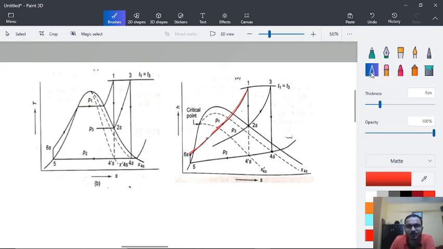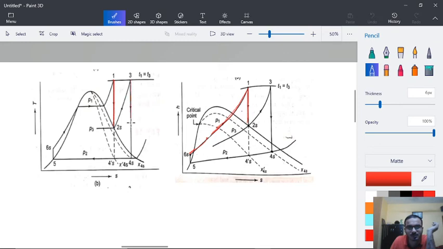Okay, and here this expansion process is the same in both the diagrams. That is a vertical line because the entropy is remaining constant and enthalpy is decreasing. That is happening in the high pressure turbine as well as in the low pressure turbine.